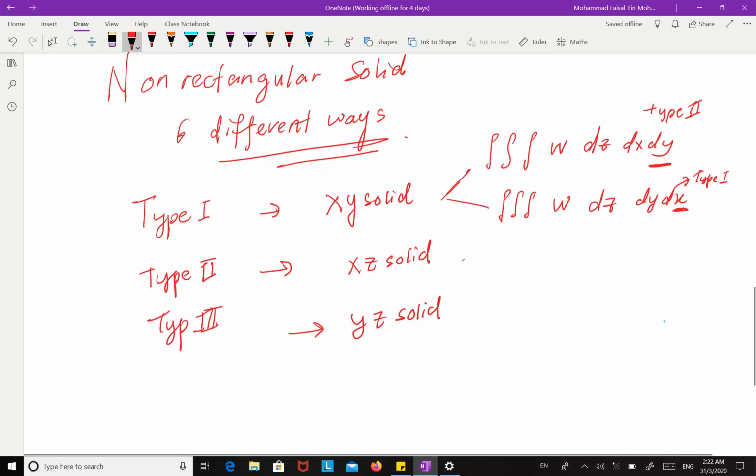Okay, so for type 2, another 2 ways, that is integration of w, but now will be dy, and this dA will be dx dz or dz dx. Same, integration of w dy.